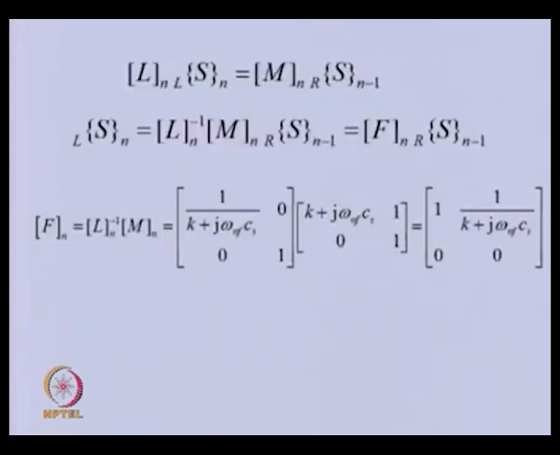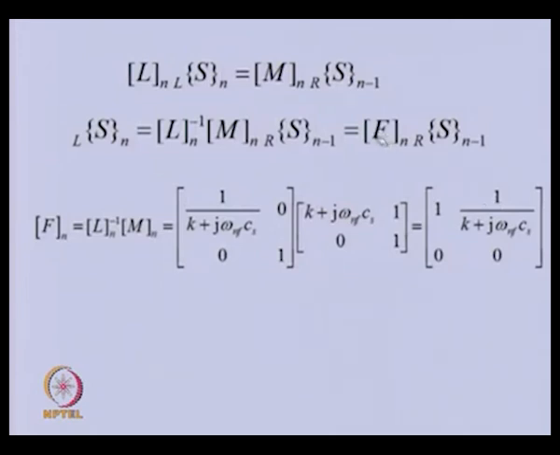This inverse of L times M I am calling the field matrix. If we multiply them, we can see the field matrix has a simpler form. So, this is the field matrix which includes the damping of the shaft also.